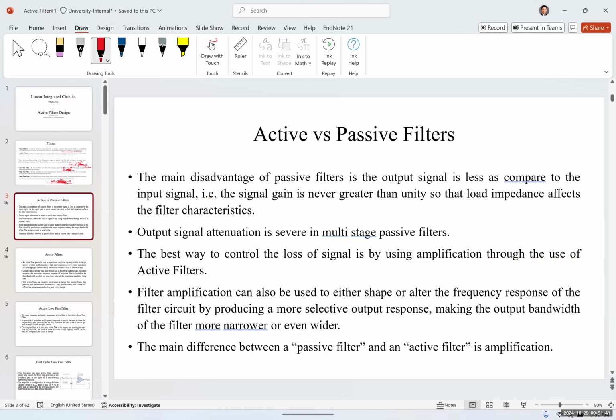So you're going to create more distortion and more attenuation in the signal, because we don't have anything to compensate for the loss of power in those multi-stage filters. And the best way to control the loss is through amplification, by using active filters.